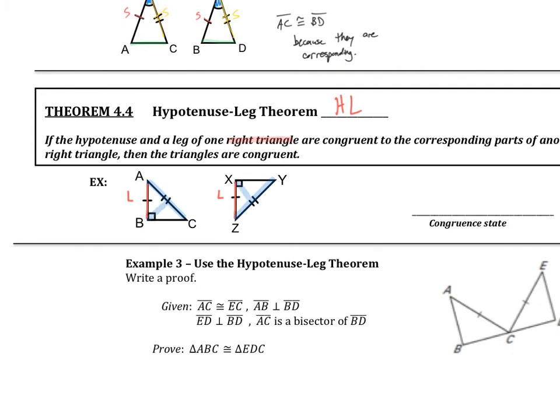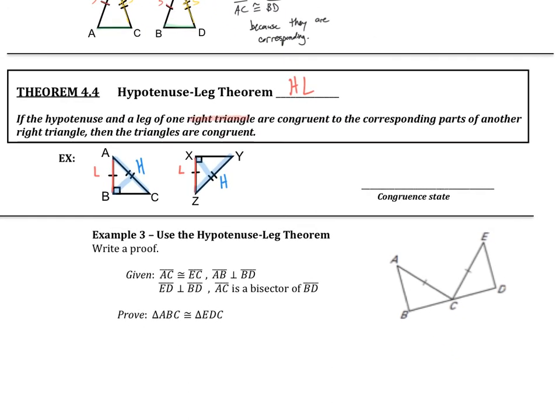They're opposite the right angle. So those blue sides are the hypotenuse. That's the H part. So what we have is right triangles, one pair of legs that are congruent, and the hypotenuses are congruent. So therefore, the triangles are congruent by hypotenuse leg.